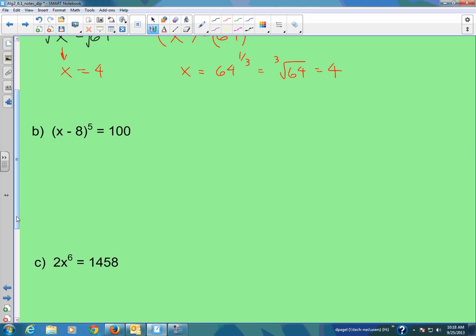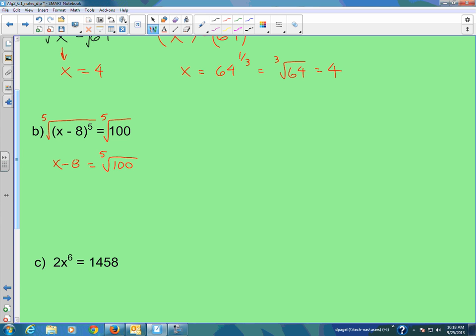X minus 8 quantity to the 5th power. Here we've already isolated our exponent, which is good. We're ready to undo that power of 5. So I'm going to take a 5th root on both sides, and I get x minus 8. If we left our answer in radical form, the 5th root of 100, there are no factors of 100 that are perfect fifths.